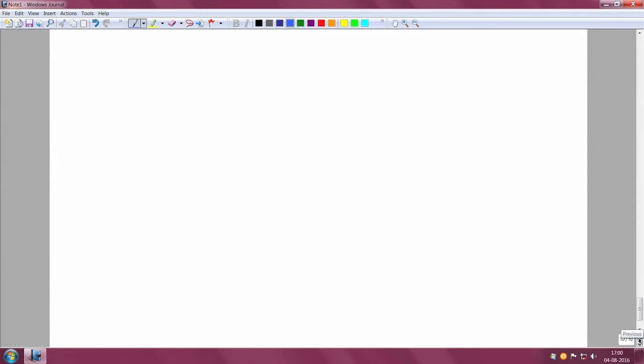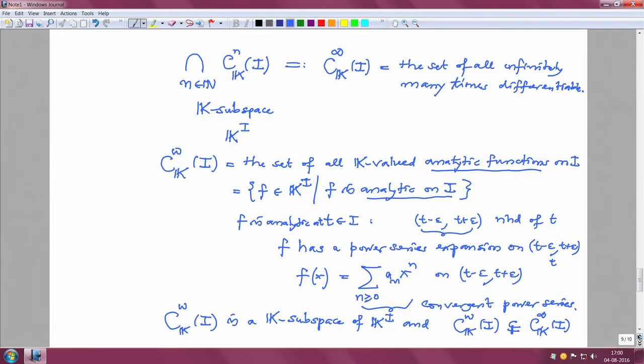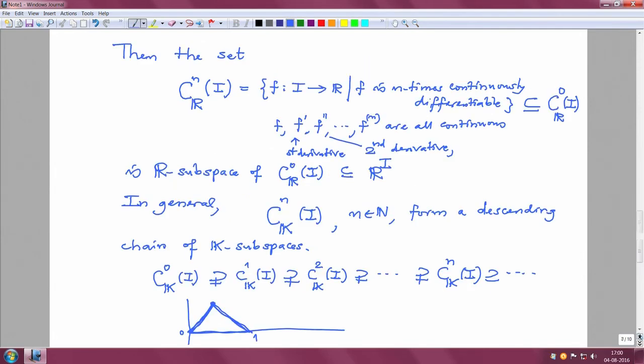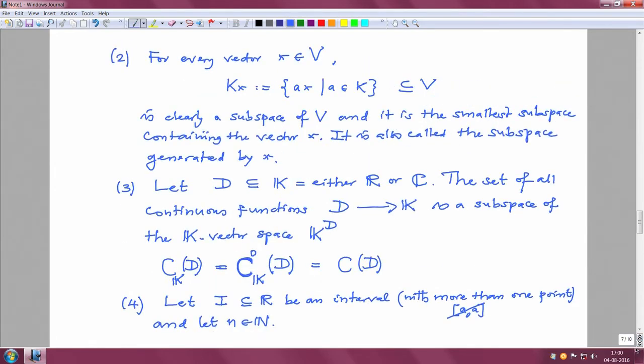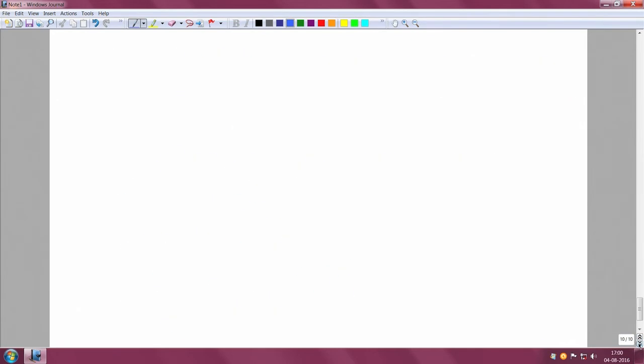Now let us come back to the next example. I have forgotten the number, so I will check. The fifth example. This is sort of an example from algebra. So let K be a field. It could be a finite field also.